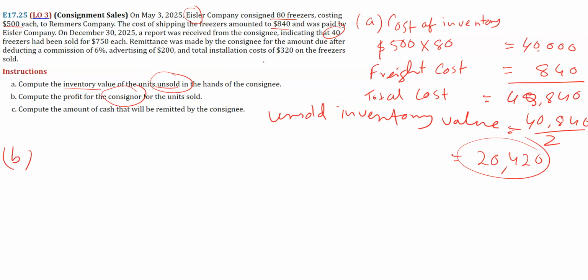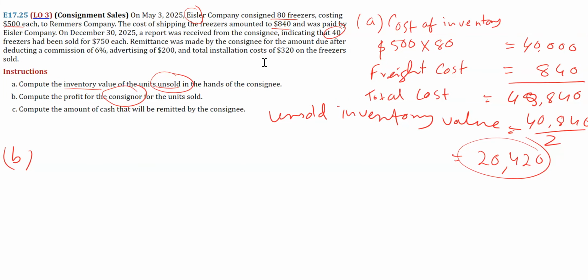First, we will see the sales revenues, right? Consignment sales revenues. You remember the last information about sales is that each freezer is sold for $750. So $750 multiplied by 40 freezers. They sold 40 freezers.